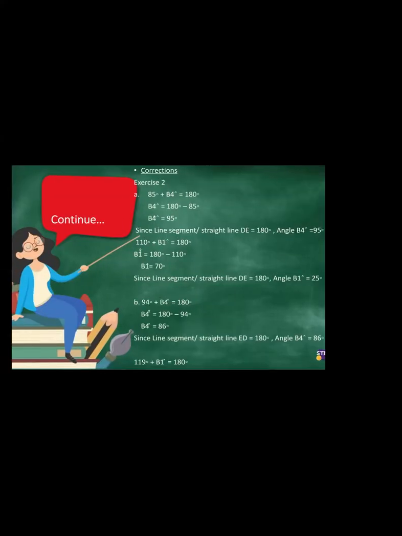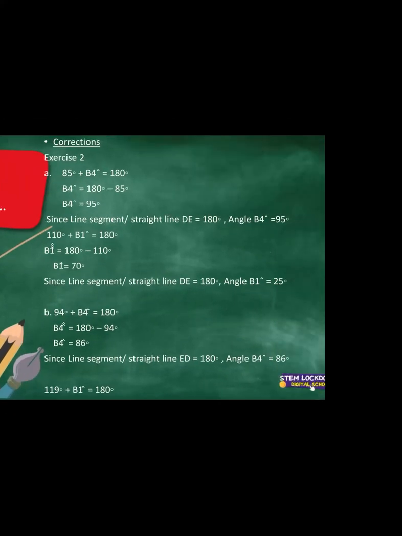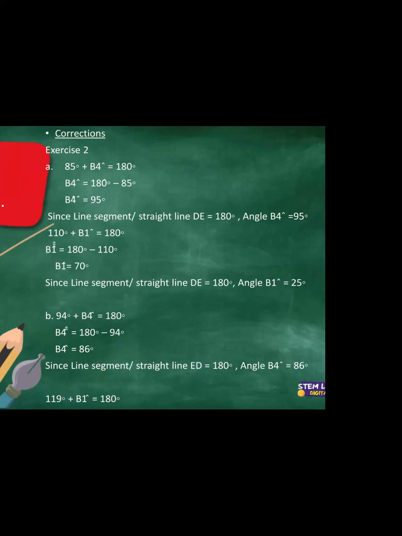Here are your corrections, guys. And they want you to state the reason for your answers. So in this case, number A, our reason for our answer is, since straight line DE equals 180 degrees, then angle B4 equals 95 degrees.